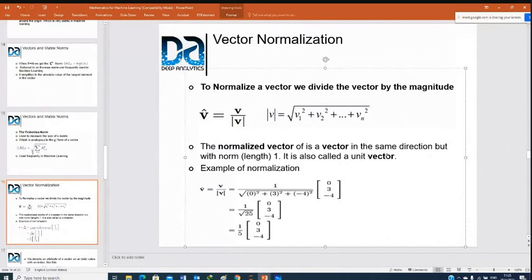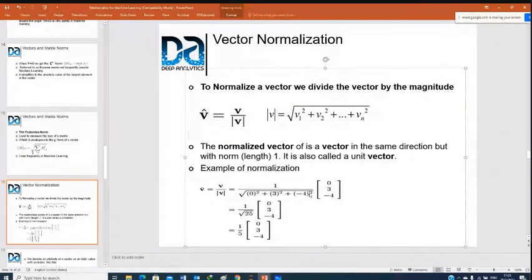So, for example, if we have a vector 0, 3, minus 4, the magnitude is the square root of 0 squared plus 3 squared plus minus 4 squared, divided by 1, and then we multiply it by the actual vector, and then we get this value.